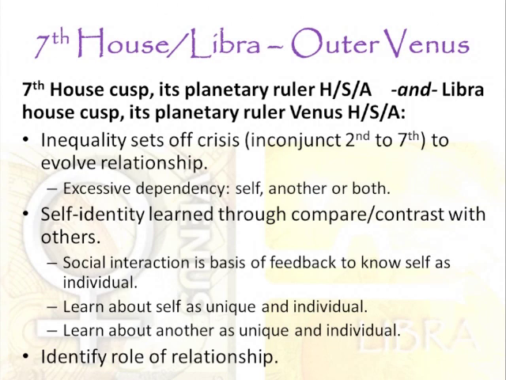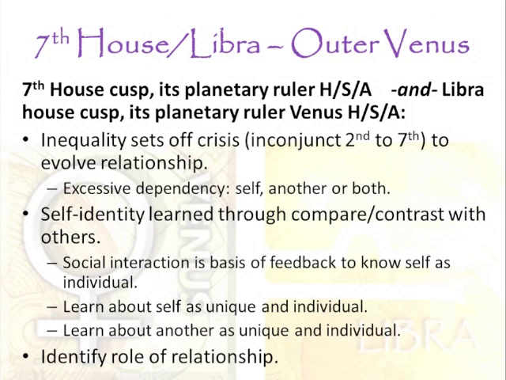The inequalities are going to expose where we have excessive dependencies, where we ourselves are dependent on the other, where our partner is dependent upon us, or where it happens both directions. We can both have excessive dependency upon another, trying to control through that inequality, trying to control through the manipulation or the victimization of another. Both the Virgo and the Scorpio on either side of that 7th house.